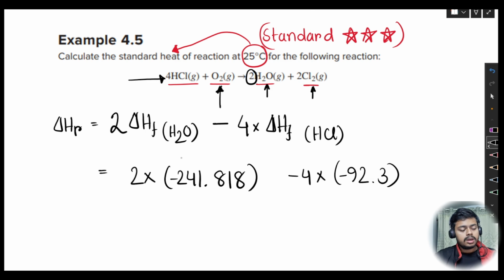Also be careful, the water molecule can be in the gaseous state or in the liquid state, so you have to be very careful in which state the water molecule is in. If it's in the gaseous state, then the heat of formation value is going to be minus 241.818, but if it's in the liquid state, the heat of formation value is going to change. So by calculating this part, we can easily determine the total heat of reaction for this chemical reaction.